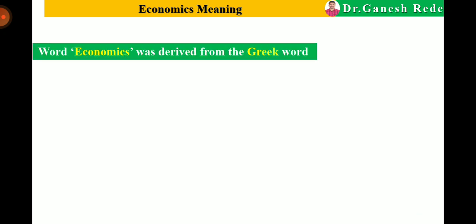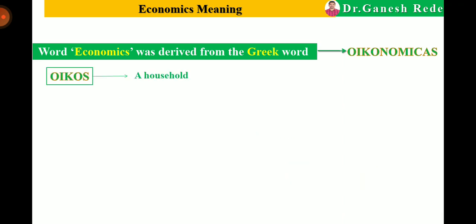Now, first one, meaning of economics. What is meant by economics? First, as we know, the word economics was derived from the Greek word oikonomikos.